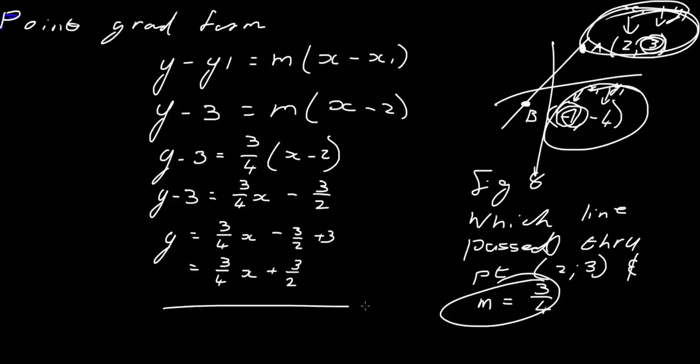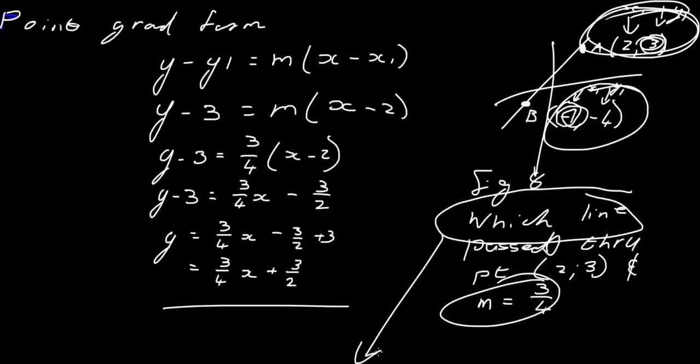You've answered the question. They asked which line passes through the point (2, 3) and has that gradient. So when they say which line, they're saying give the equation of the line.